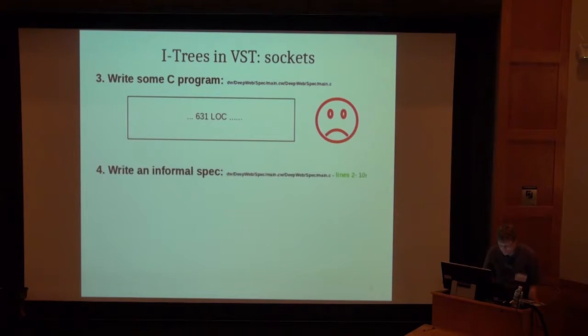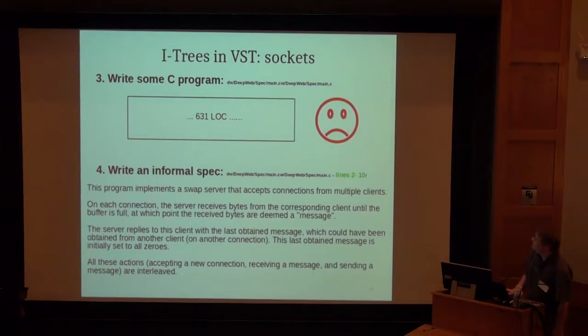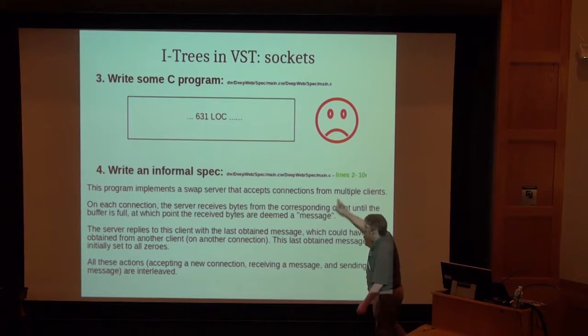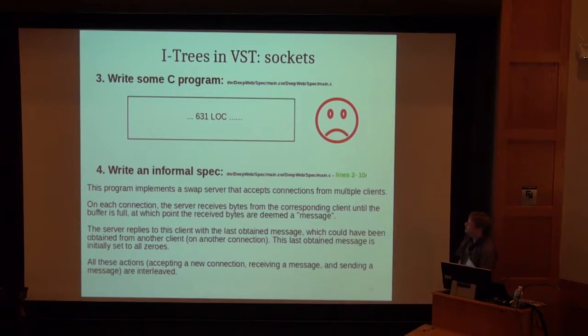So let's write an informal spec, right? Well, this is what we actually have. This is a C program that comes again at least with an informal spec. It takes 8 lines. So this is what this description says. It's helpful, but not quite a spec that we can start with in VST again.